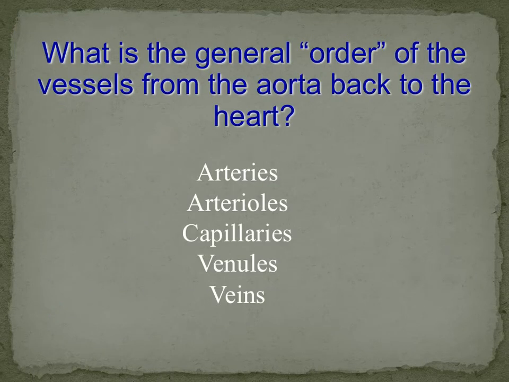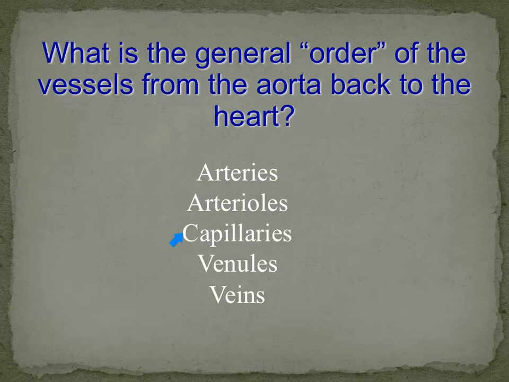So I talked about this at some point previously, but in general, the aorta is an artery, it's a big artery that breaks into smaller arteries. The carotid, maybe you've heard of, for instance, that's one that goes up to the brain. So we start with arteries, they get smaller, and they're called arterioles.